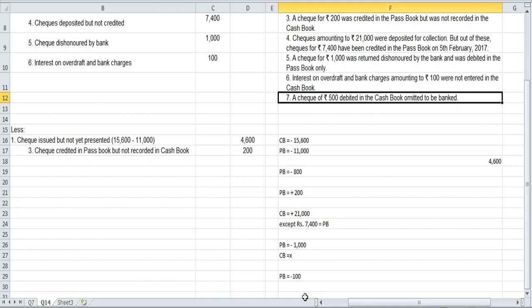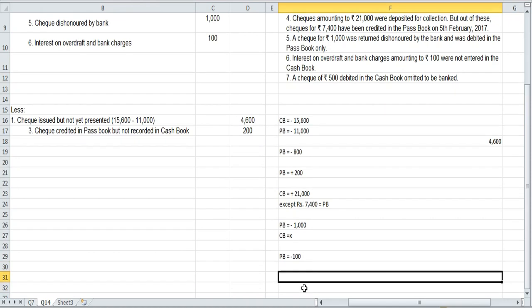Number 7, a check of 500 debited in the cash book omitted to be banked. Okay, so in the cash book you have debited a check of 500, but you have not banked it, you have not deposited it, so your passbook is less.